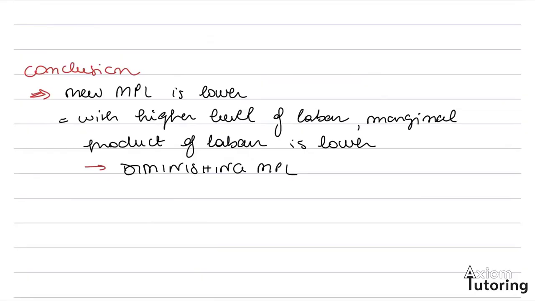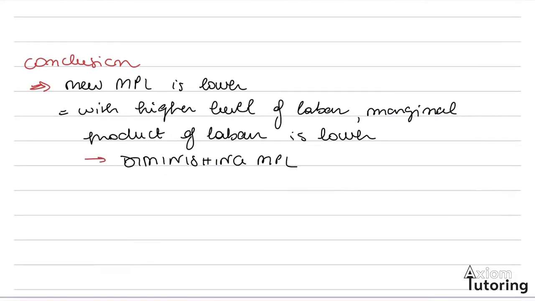Maybe let's think about what this would mean in a real life scenario. So we said that we are keeping capital constant. So let's say we have 2 machines in our capital stock, and each machine is working at full capacity. We have 4 workers per machine. Let's say that now we decide to hire 2 more workers with the same number of machines as before.